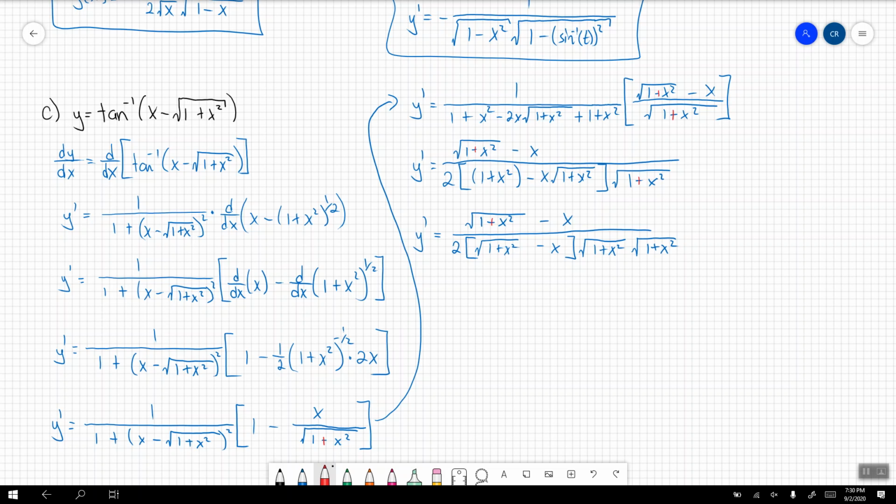And this is how I caught a mistake, simply because my numerator should cancel out with one of the factors in my denominator. So notice this factor and this factor. They're the exact same, which means we're going to get rid of them. So all we're left with is y prime is equal to 1 divided by 2 multiplied by the square root of 1 plus x squared.